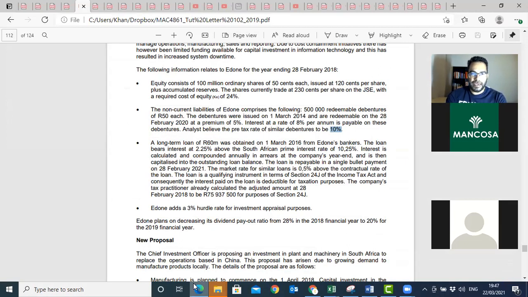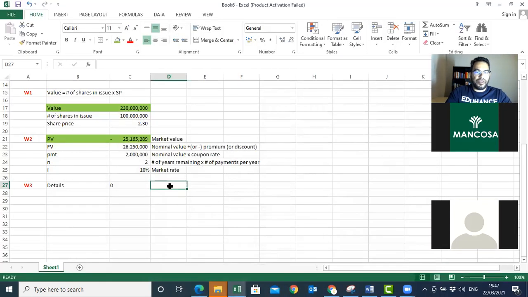There is one annual payment, so they say calculated and compounded annually in arrears. So that means there's one compounding period per year, and the loan comes to an end 28 February 2021. So therefore, it's 3 years remaining. So year 0, 28 February 2018, 2019, 2020, 2021. So there's my 3 periods.